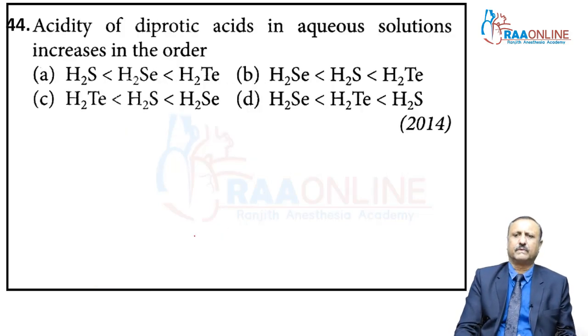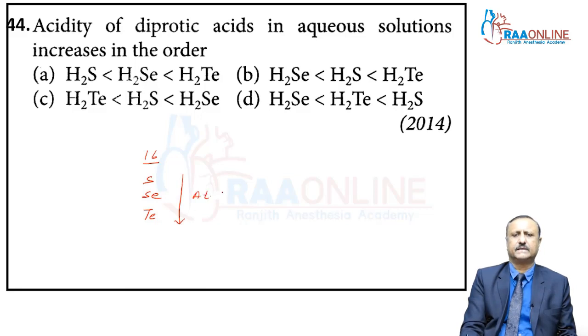Now we can discuss question number 44. Acidity of diprotic acids in aqueous solution increases in the order. Now you can see group 16: sulfur, selenium and tellurium. My dear students, here atomic size increases from top to bottom.